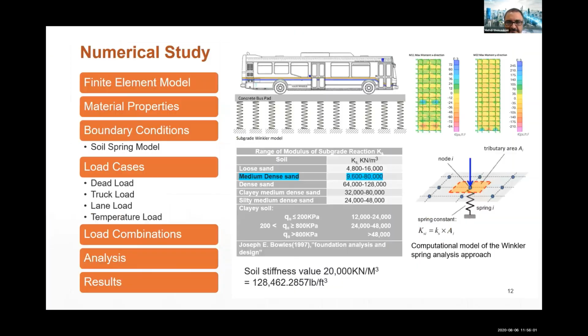As you see here, this is the soil reaction. By increasing the reaction subgrade modulus, we definitely can enhance the design, but it depends on the potential capacity of the soil, whether it is loose soil, medium dense, or dense sand, or a different type.